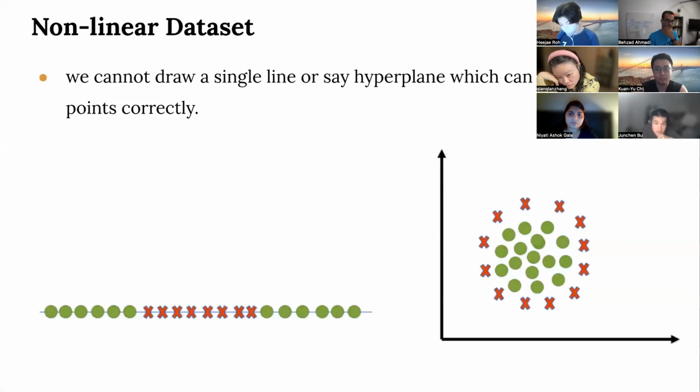But let's look at an example. If you look at the data on the left side, it's one-dimensional data, right? So x1 is some number here. Can you find a linear way to separate these two?